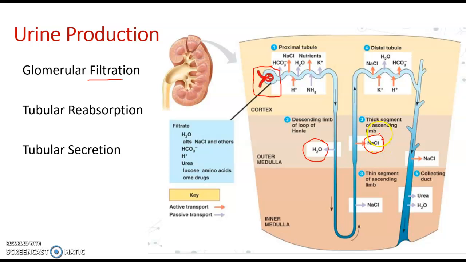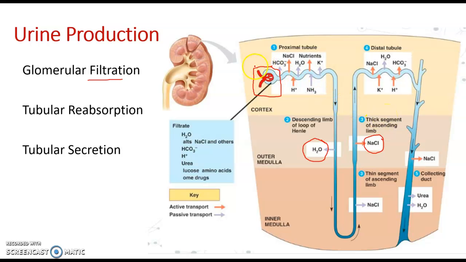Tubular secretion, on the other hand, is when things are going to be added to the filtrate. So lost from the bloodstream and added back into the filtrate. And those can include really any waste products. So that's going to be more nitrogenous waste products like ammonia and urea, dissolved hydrogen ions, potassium ions, sodium ions, that kind of thing.